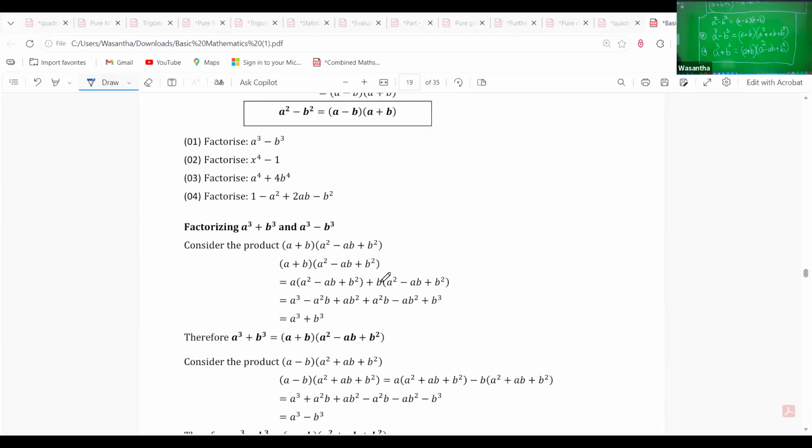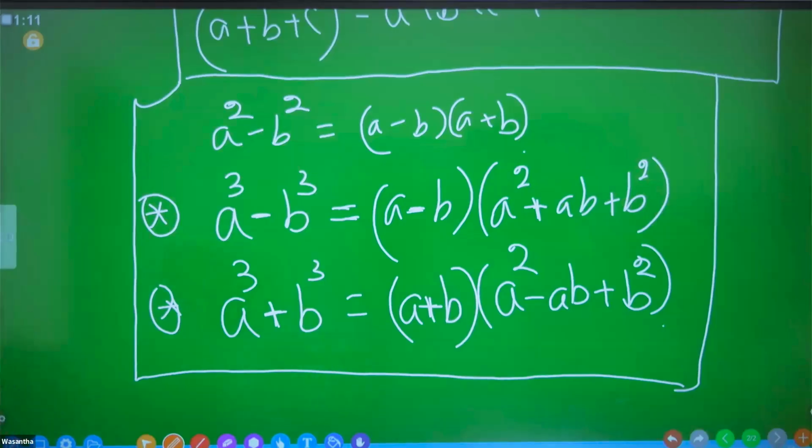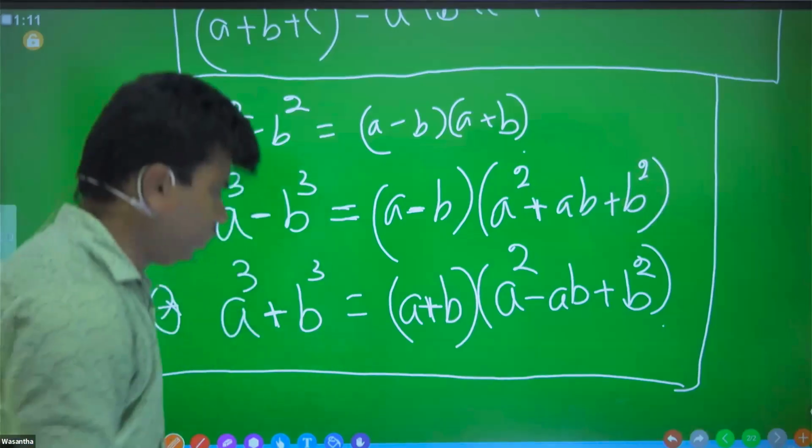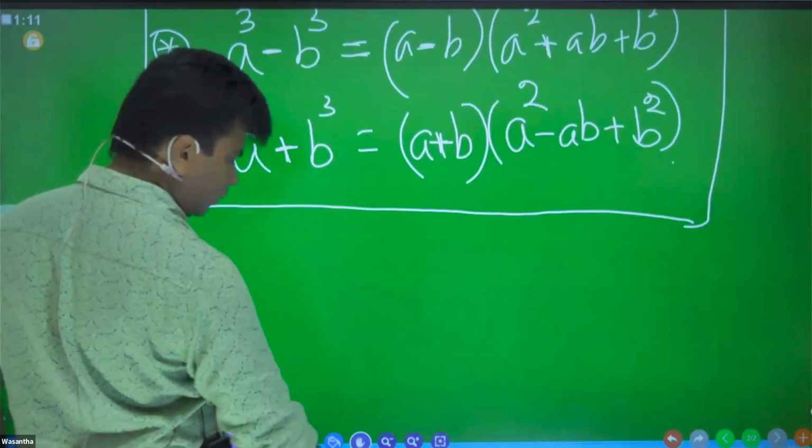Clear, right? Now how do we prove these two? A cube minus B cube factors and A cube plus B cube factors. Actually, I have shared this proof also in the document. It's very simple. How do we do it? You can multiply one by one.